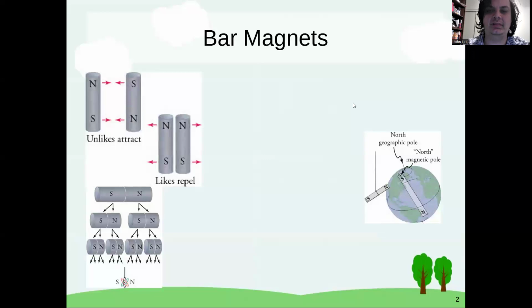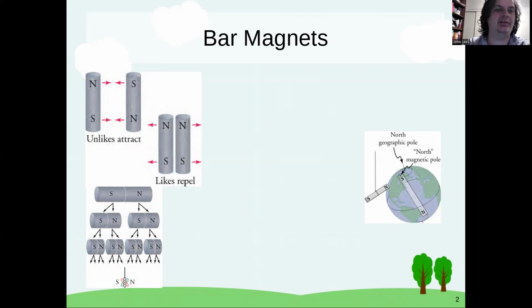What you've probably seen with magnets that you've been playing with as a child or up until today is that bar magnets, which are what we usually talk about when we talk about magnets, are metal materials that have two poles, a north and a south pole.